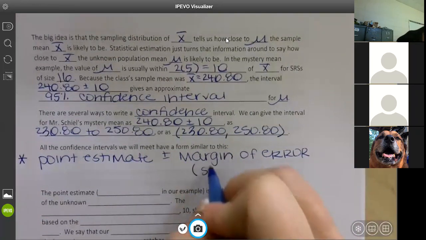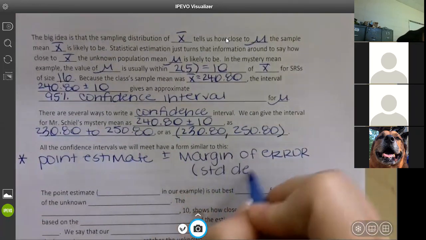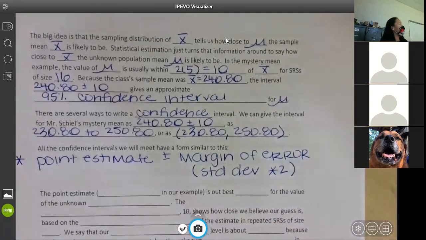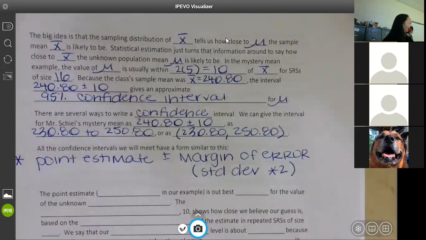In our case, we did the standard deviation times 2. Why? Because we did 95%. 95 is your typical. You'll get 99 as well, or 98. Okay, so be ready for that. Typical is 95. All right. So if you were to have the 99, would you multiply by 3 instead of 2? Yeah, we'll talk about it.